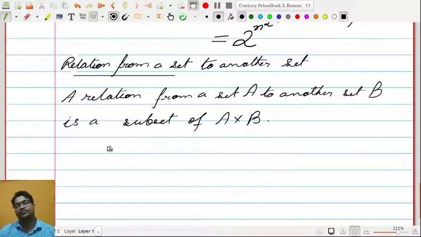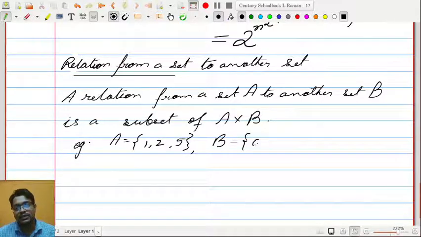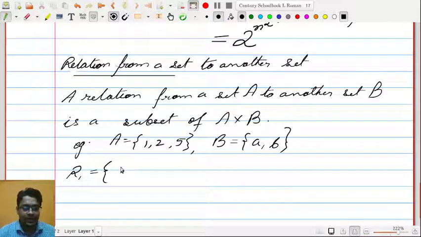So for example, suppose A is the set {1, 2, 5} and B is the set {a, b}. Suppose I define something like R1 equal to: 1 is related to a, 1 is related to b, 2 is related to a.